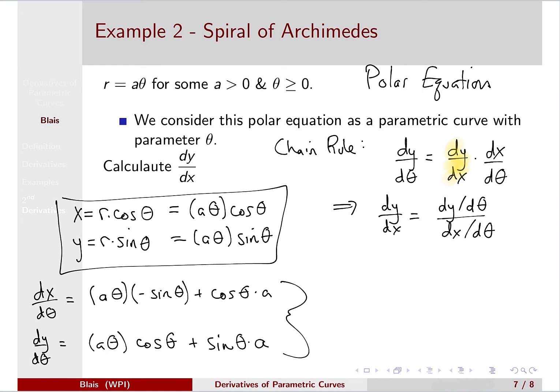And these two things can now be plugged in here to get dy dx equals, the numerator is dy d theta. We see we can factor an a out.